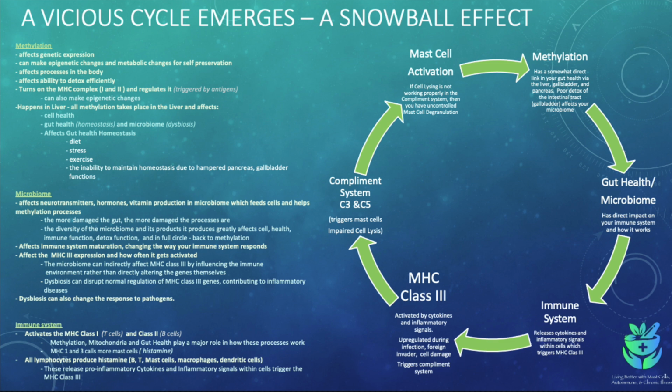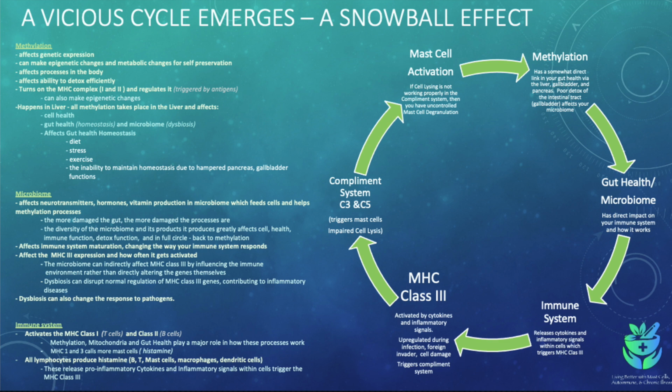The microbiome affects neurotransmitters, hormones, and vitamin production, which feeds cells and helps methylation processes. The more damaged the gut, the more damaged the processes are. The diversity of the microbiome and the products it produces greatly affects cell health, immune function, and detox function, and it circles back to methylation.